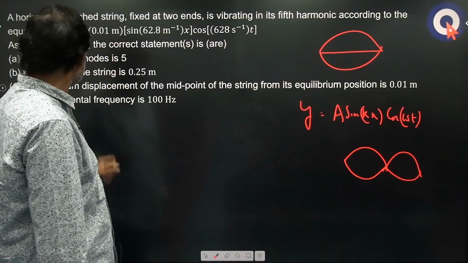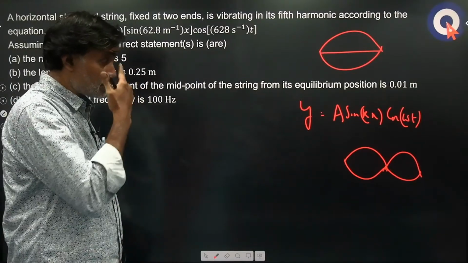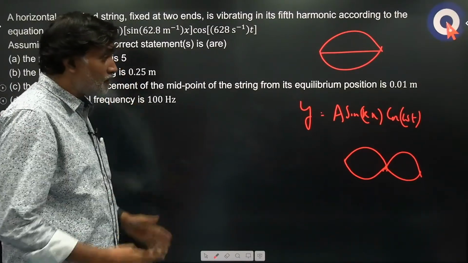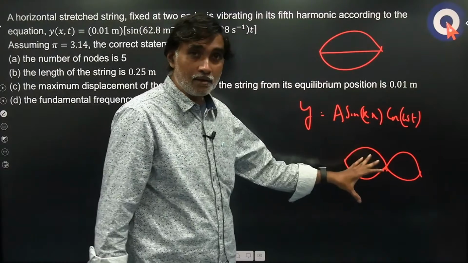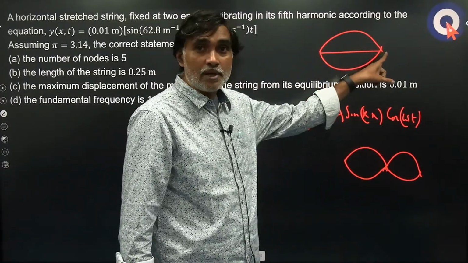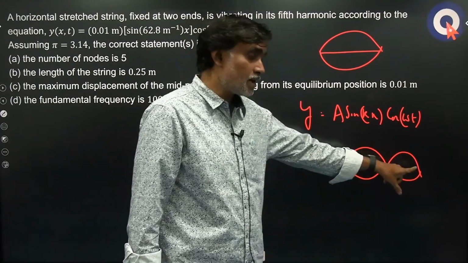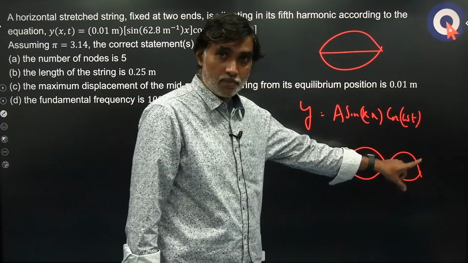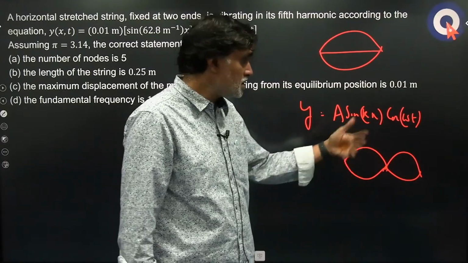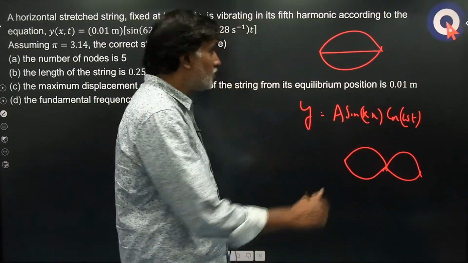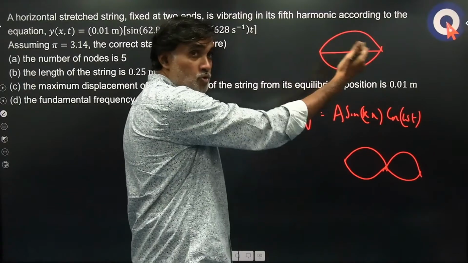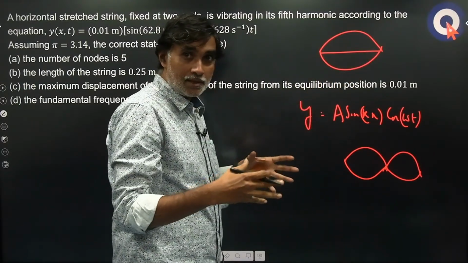Okay. Next, the length of the string is 0.25 meters. What is length of the string now? Fifth harmonic. Now if it is fundamental, then length of the string is lambda by 2. If it is second harmonic, it is 2 lambda by 2. So in general, if it is nth harmonic, what is length of the string? N loops. Each loop, what is length? Lambda by 2.